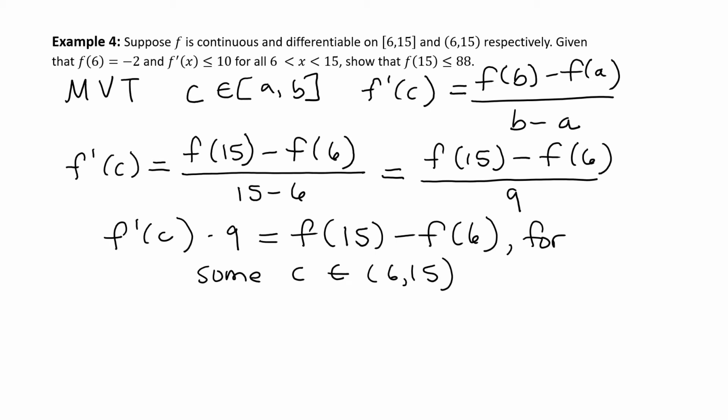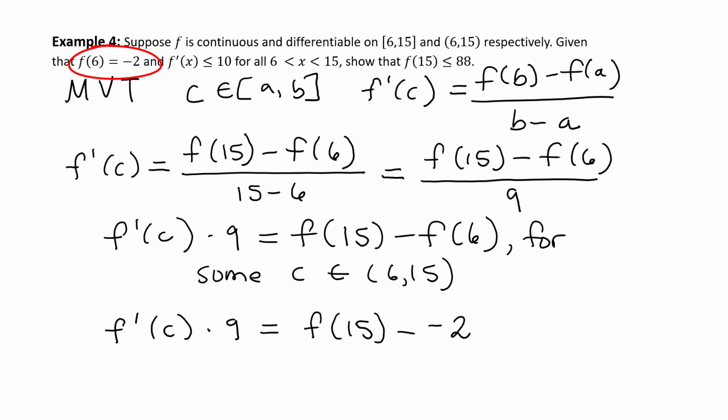Let's continue. We've got f prime of c times 9 is equal to f of 15 minus f of 6. And in the statement of the problem, we are told that f of 6 is equal to -2. So now I'll replace the f of 6 with -2.